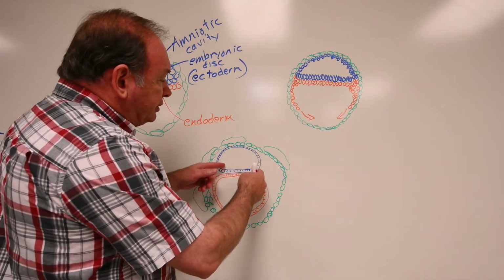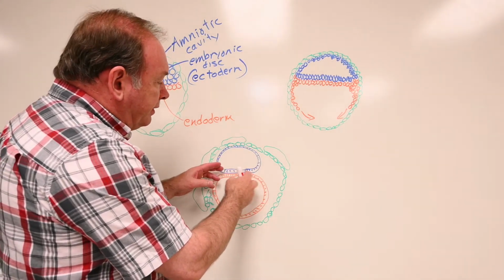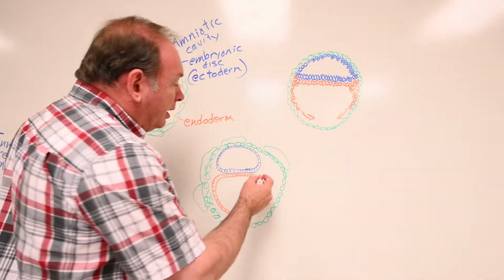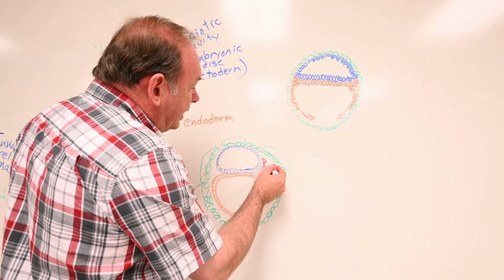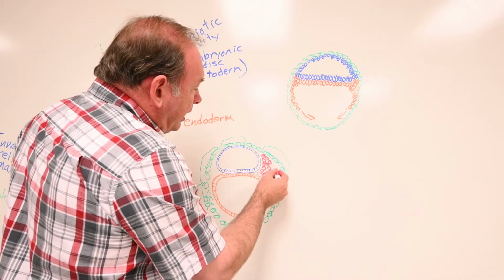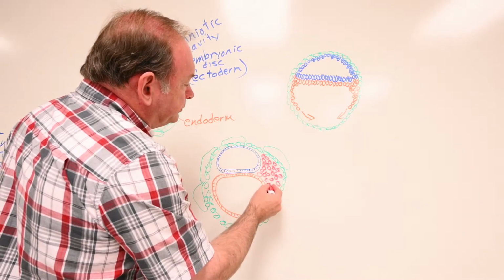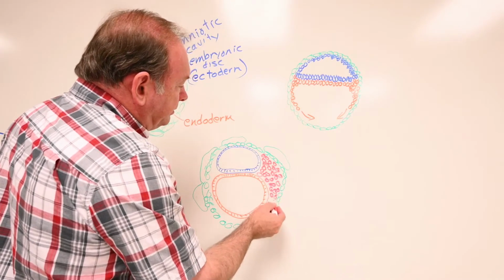Off of the outside of the developing cells of the ectodermal bubble and the endodermal bubble we have growing here, we get some more cells that stem from that and expand out in between the trophoblast layer and the other inner cells in here.